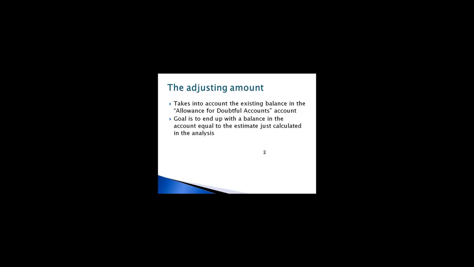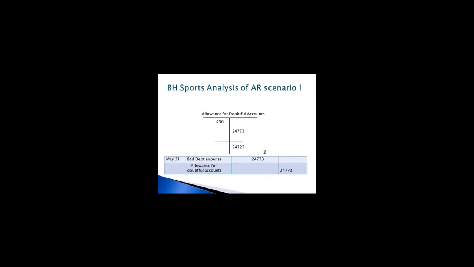To demonstrate, our analysis had indicated a total uncollectible amount of $24,323, from a couple of slides previous to this. We came up with that number for our coming financial period. In other words, we've guessed that in the upcoming financial period, $24,323 is not going to be collectible based on the analysis that we've done.